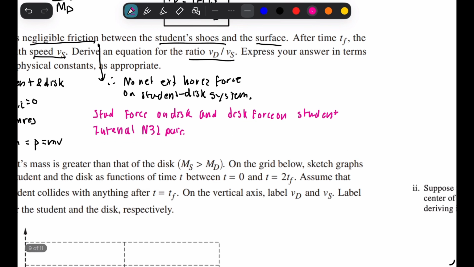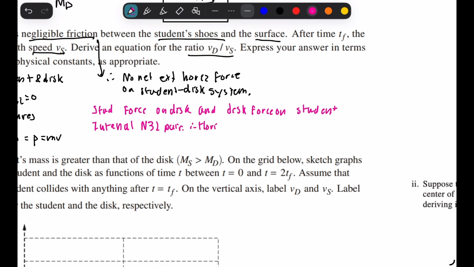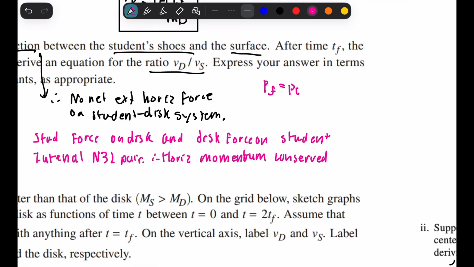When you have this, horizontal momentum is going to be conserved, because all of the momentum just stays in the system. For every action, there's an equal and opposite reaction. So your final momentum is equal to your initial, and that's equal to 0.